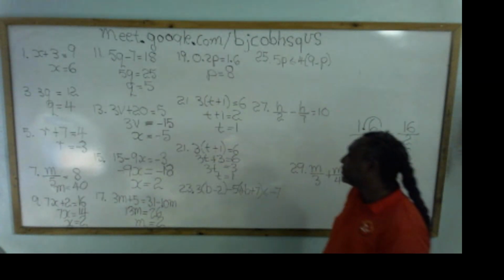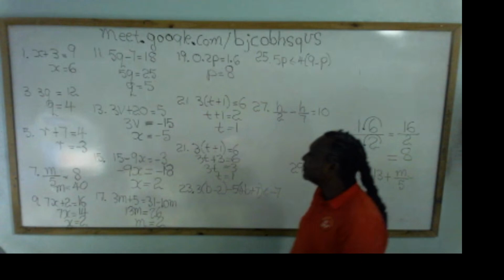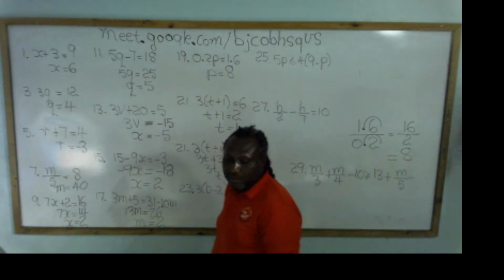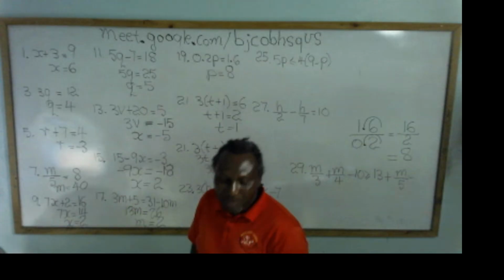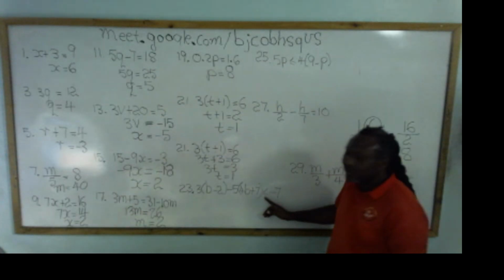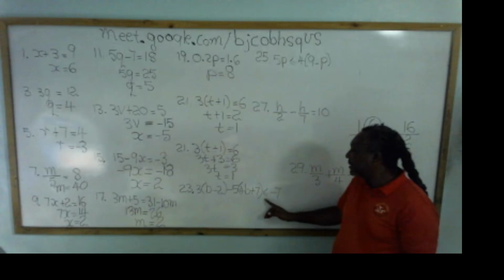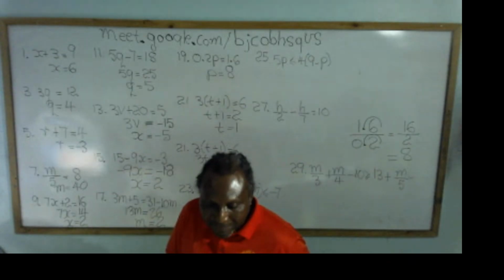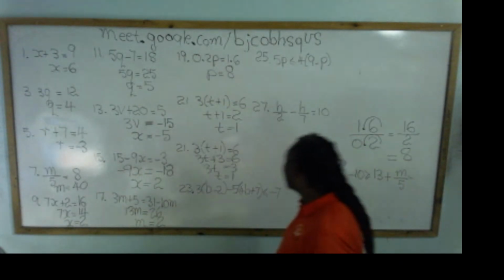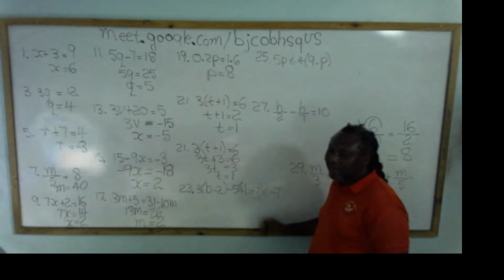So number 23 is, as a matter of fact, about expanding the brackets, and also this symbol, the less than or equal to symbol that we have right there.